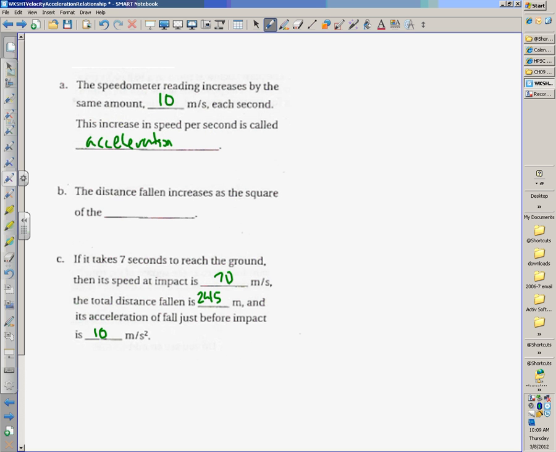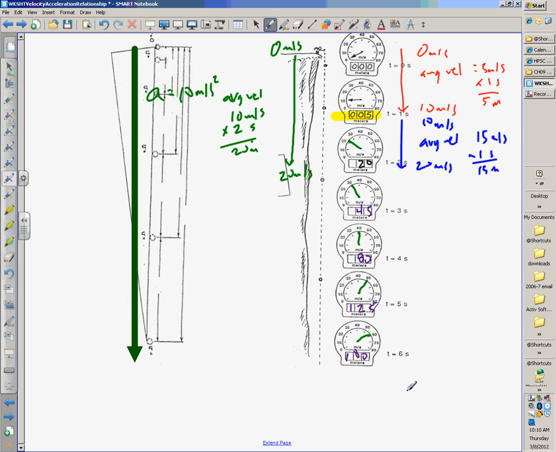Alright? If you go back to this, these odometer readings take us through how long? 6 seconds. So the next thing that we can do, let's just go to the next second, to 7 seconds, right? How fast was it going at the beginning of this second? It was going 60 meters per second here. How fast is it going down here? 70. That just so happens to be right before it hits the ground.